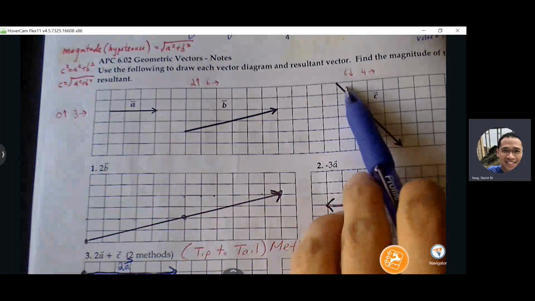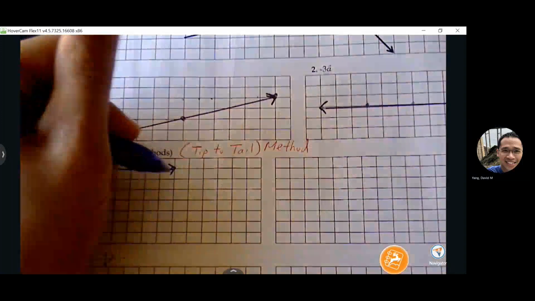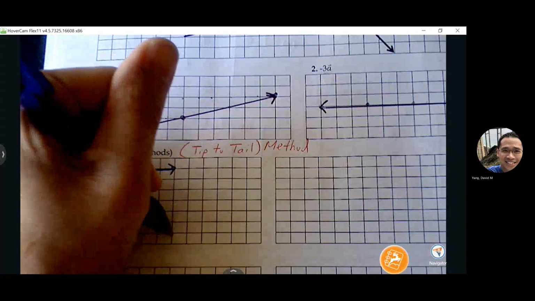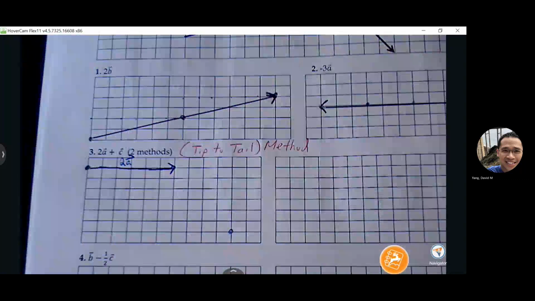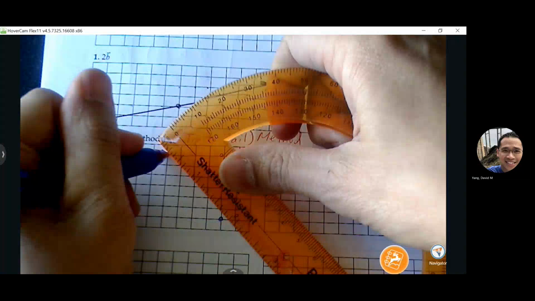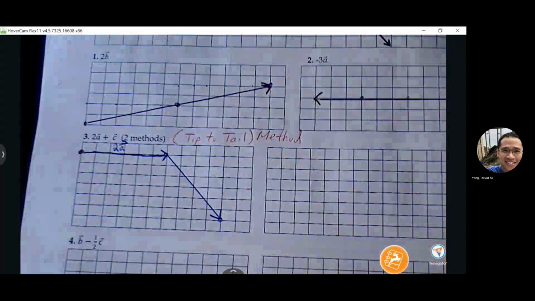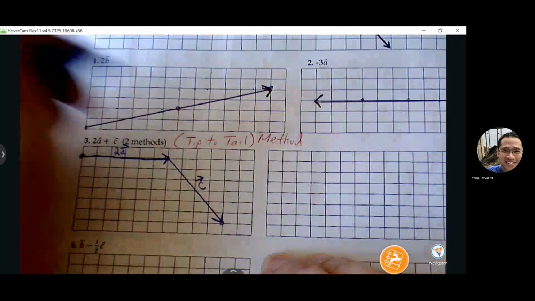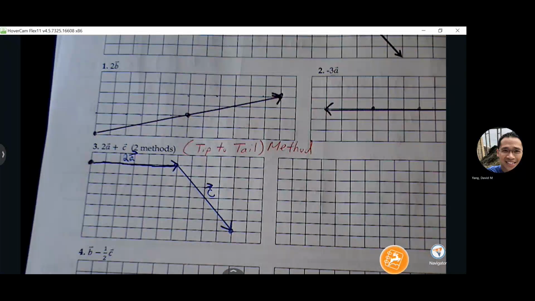So for C, I'm going to go down 6 and over 4. Okay, any questions so far?